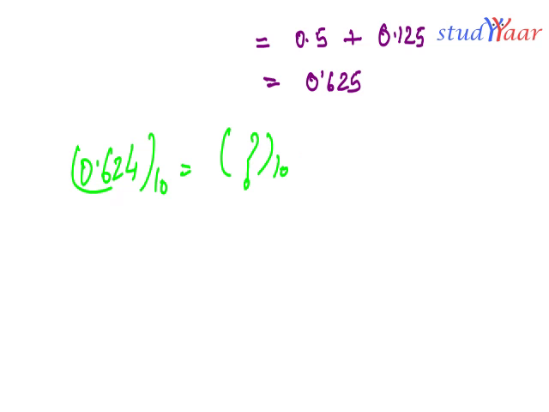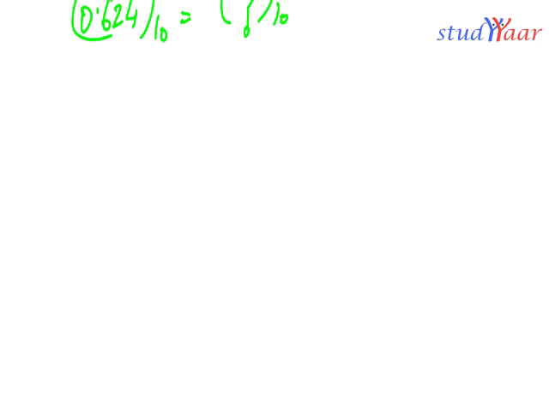So what I would do is write it like this and multiply it by 2. I am going to get 1.248. My fractional part is 0.248. My integral part is 1.